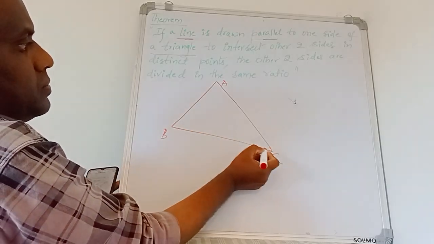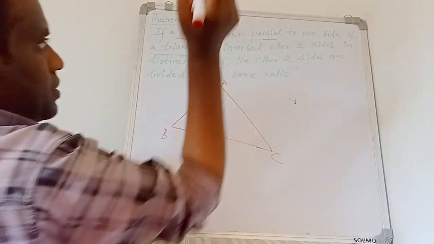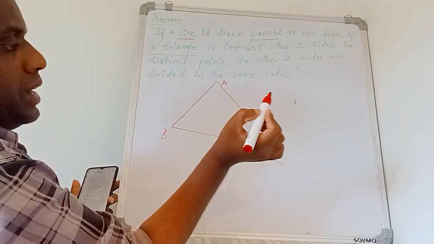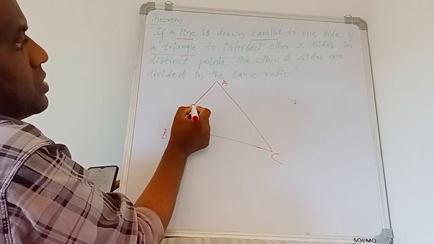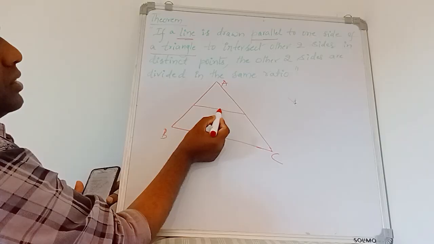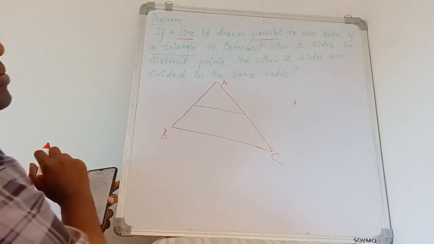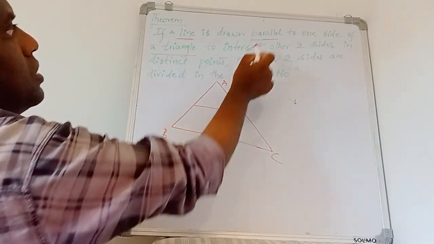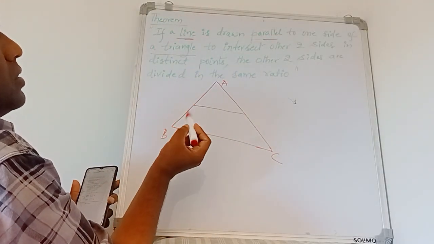A line is drawn parallel to one side, so we have to draw one line that is parallel to this side BC. So I have taken this line. Now this line is parallel to this side. That's what they're telling: if a line is drawn parallel to one side of a triangle.